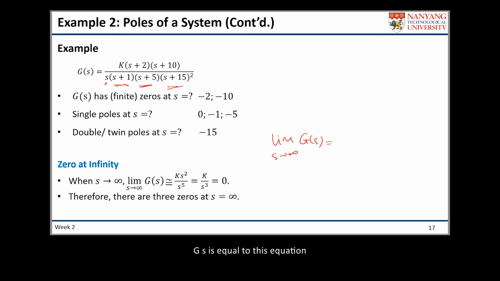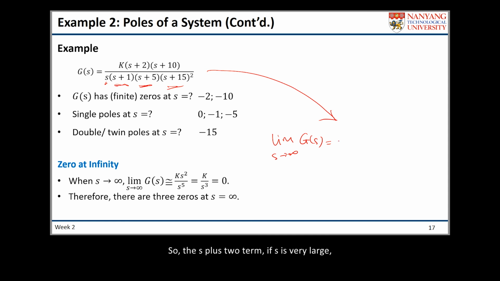G(s) is equal to this equation. But now if s is infinite, s plus 2 and s are the same, aren't they? Imagine you have a large number, 1 billion, and 1 billion 2 is more or less the same. I don't really mind the 2 there.